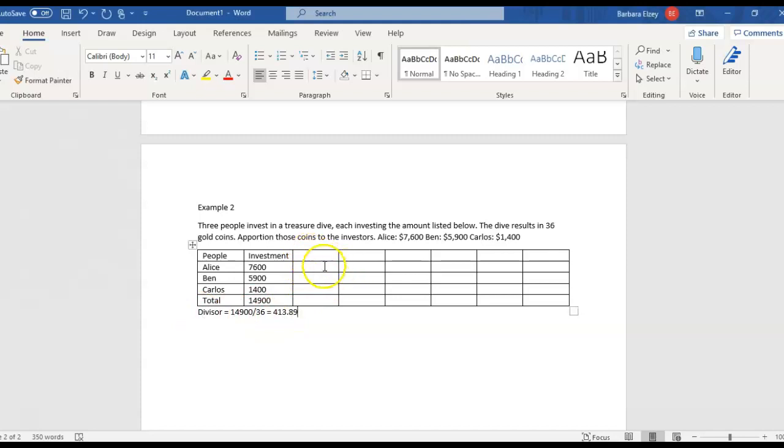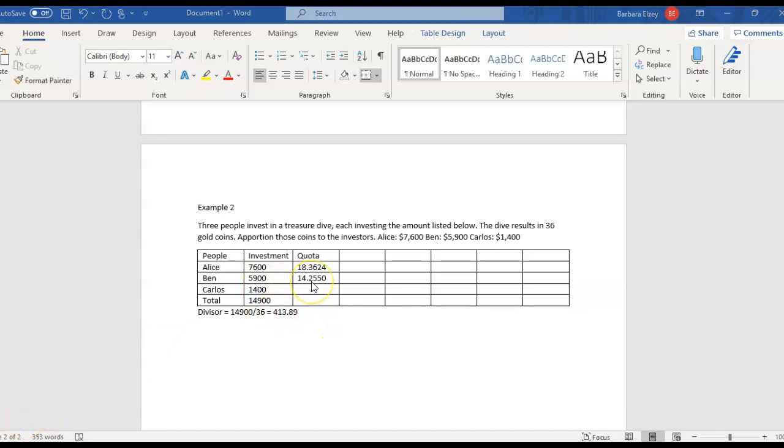Let's get our quota. Now remember, to get our quota, we're going to divide each of these investments by our divisor. So let's start with 7,600 divided by 413.89. We get 18.3624. And now let's do 5,900 divided by 413.89.